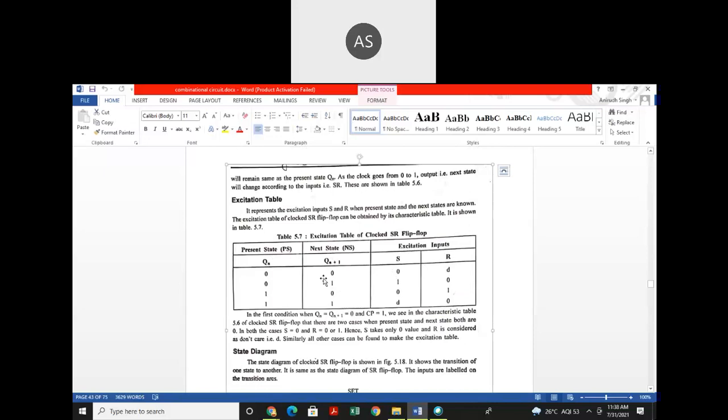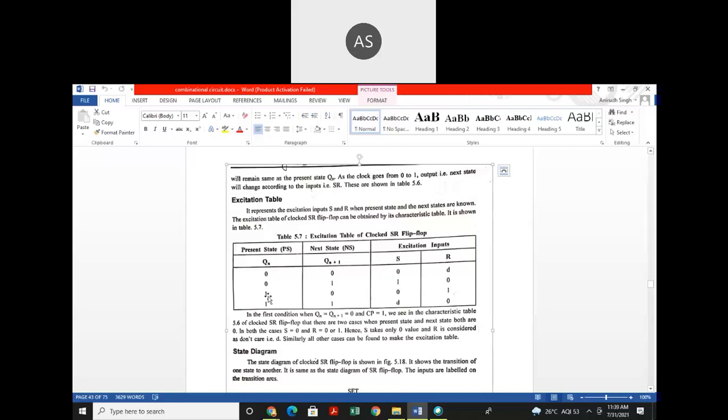If there is no change in state, then as in the NOR based SR flip-flop, S is 0 and R will be don't care. If present state is 0, next state is 1, it means that this is set state. In that case, set terminal will be 1 and reset terminal will be 0.